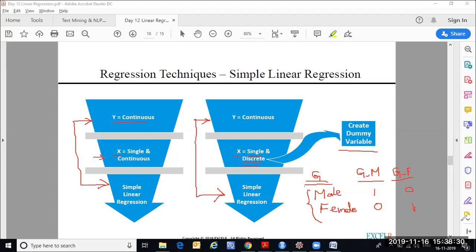But why are we doing all this roundabout work? Why can't we just replace male with 1, female with 0, or vice versa? If I just replace the original values, male, female, with this type of classification, 1s and 0s, what is the disadvantage?